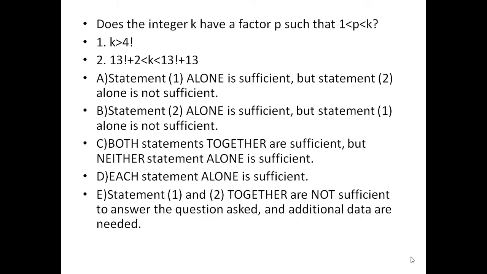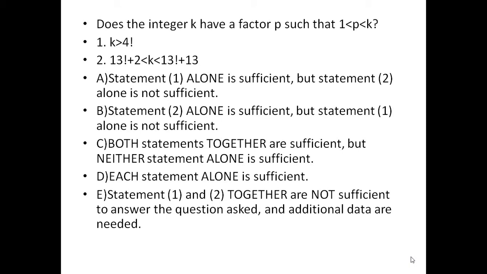Okay, the next problem we're going to deal with is this one. It says, does the integer k have a factor p such that 1 is less than p is less than k? Now we know for sure that for an integer k to have a factor p such that 1 is less than p is less than k, k cannot be a prime number.